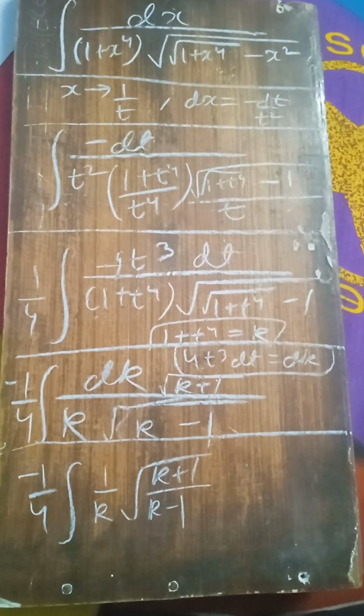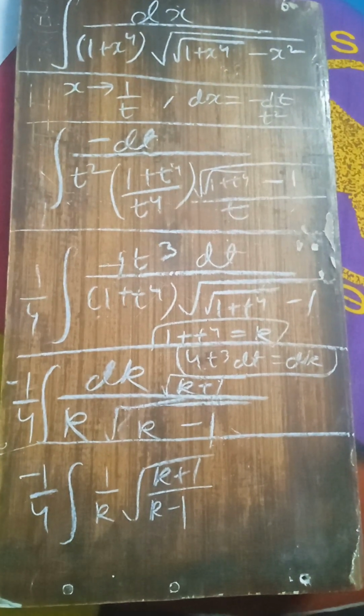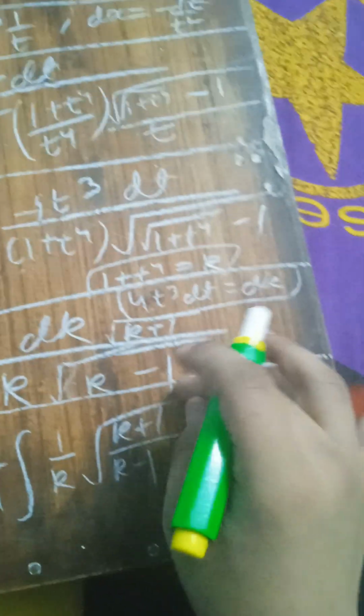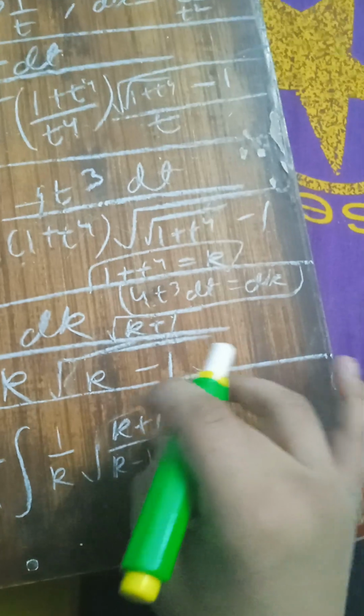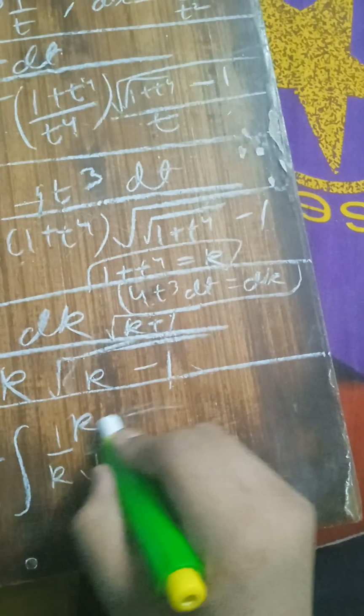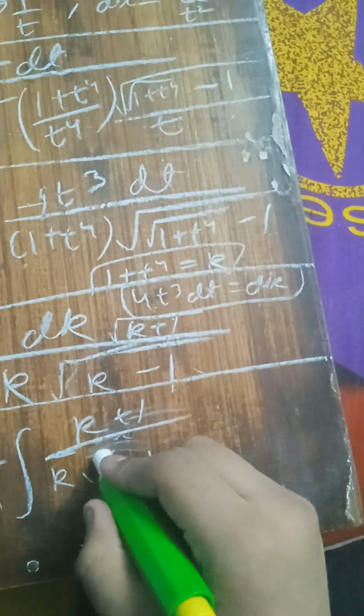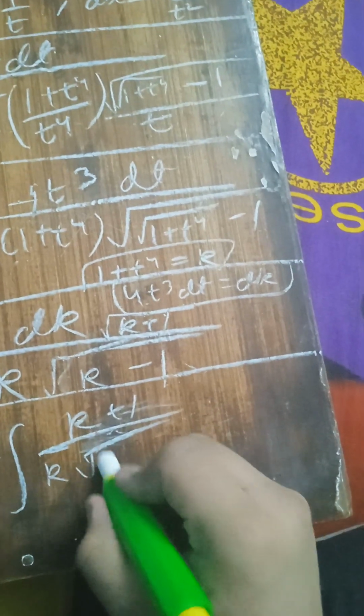Yes, let's multiply k plus 1 in numerator and denominator again. I will get this k plus 1 over here, and in the denominator I will get k square minus 1.